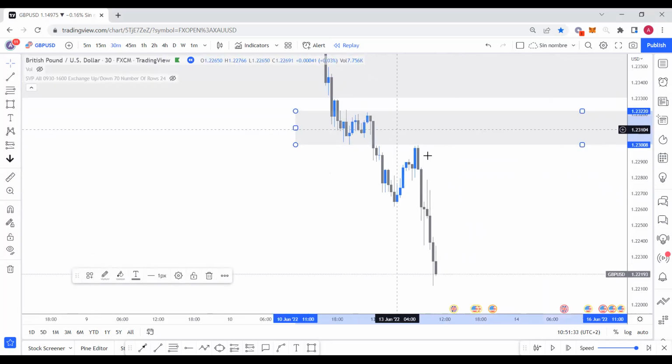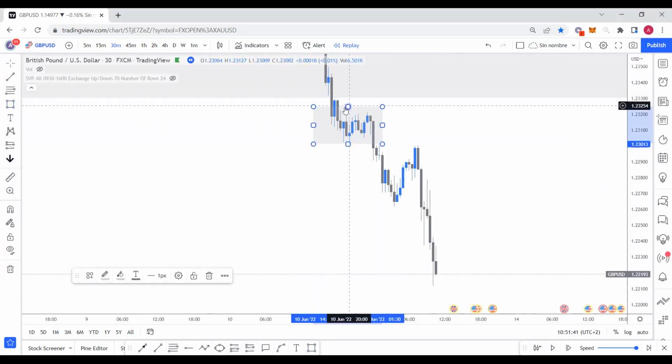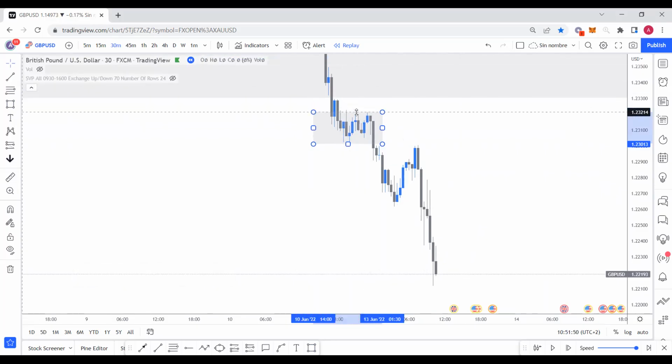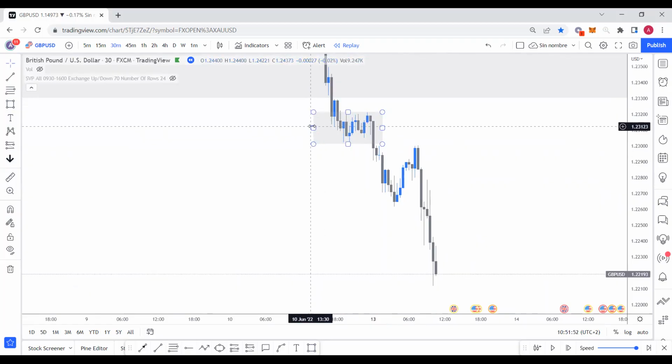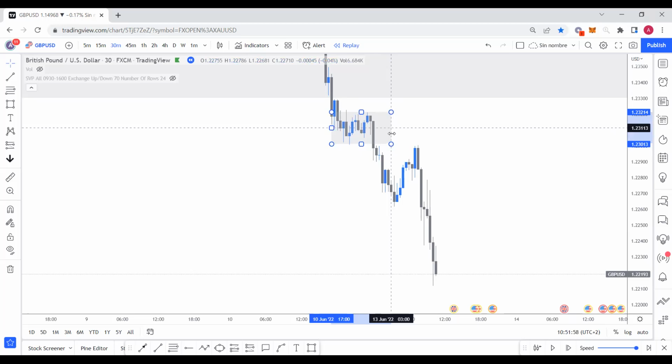We saw that imbalance being formed on the 4-hour time frame. Then we look for our setup of always price ranges here. Price created this range, price created the 4-hour imbalance.